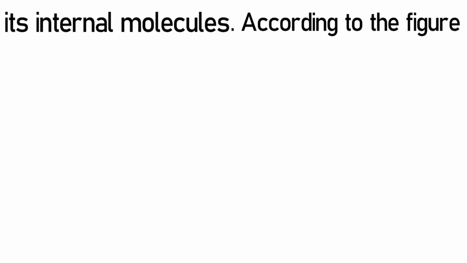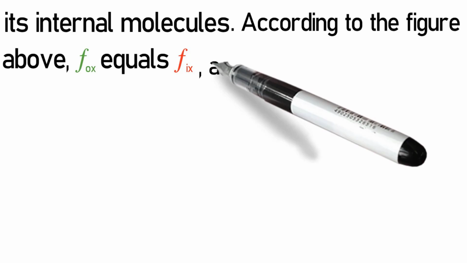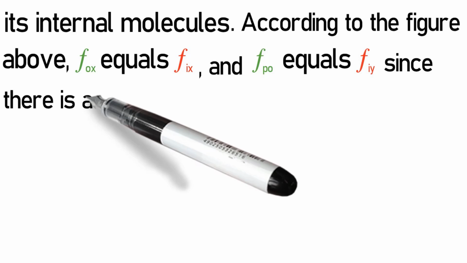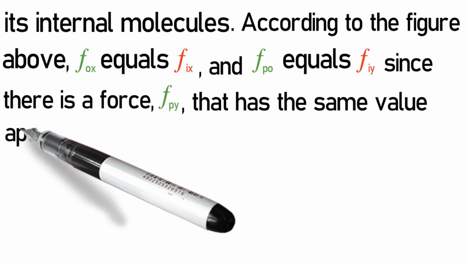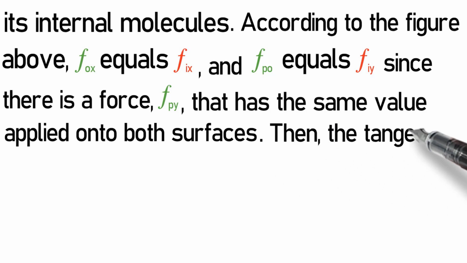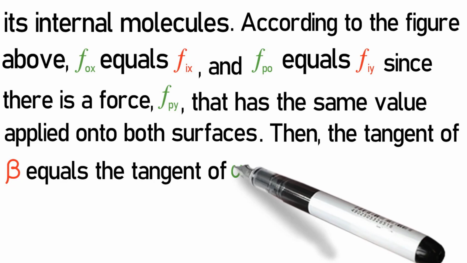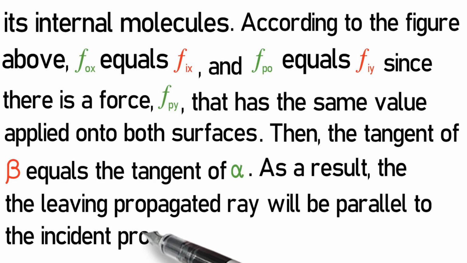According to the figure above, F sub Ox equals F sub Ix, and F sub Po equals F sub Iy, since there is a force F sub Py that has the same value applied onto both surfaces. Then the tangent of beta equals the tangent of alpha. As a result, the leaving propagated ray will be parallel to the incident propagated ray.